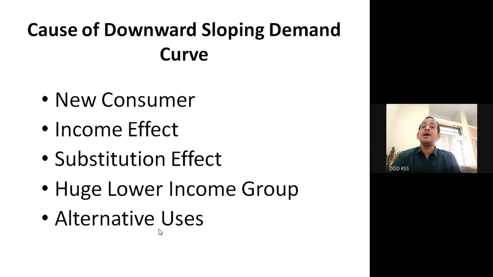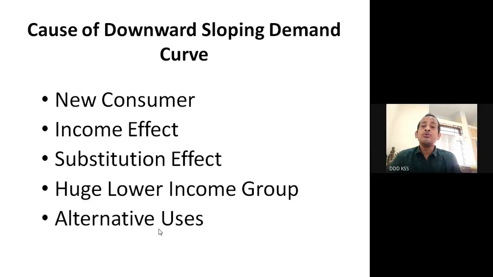Now if the price of tea falls, consumers may start purchasing more tea, but they will not shift to coffee. So the substitute product's price remains unchanged because we have assumed it in the assumptions of the law of demand. But when the price of a product falls, due to the substitution effect the demand curve will have a downward slope.